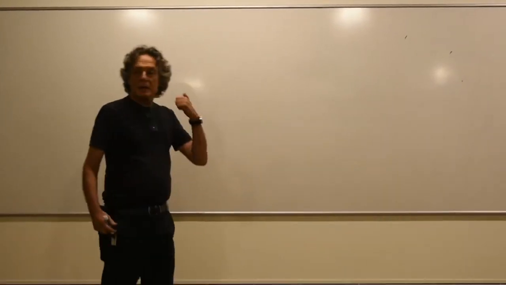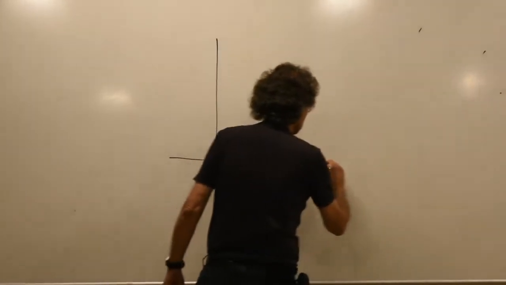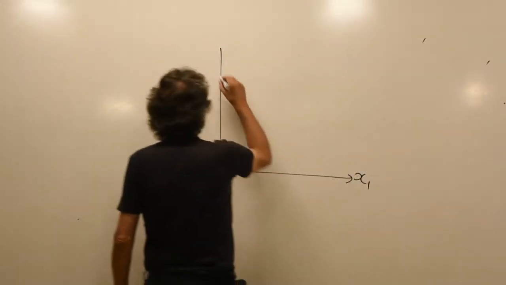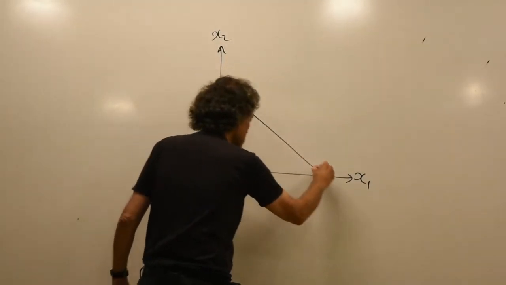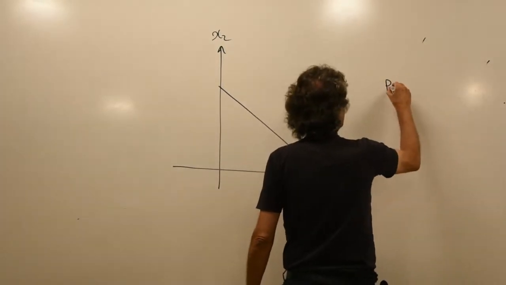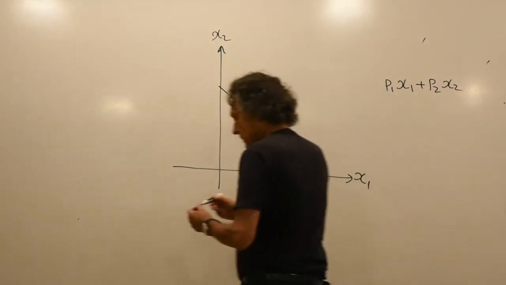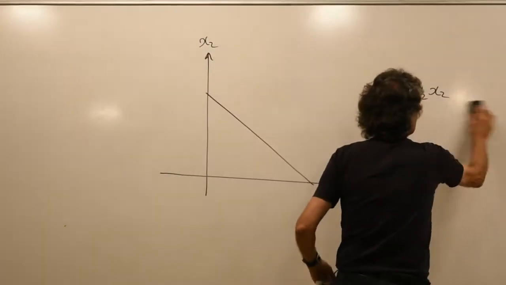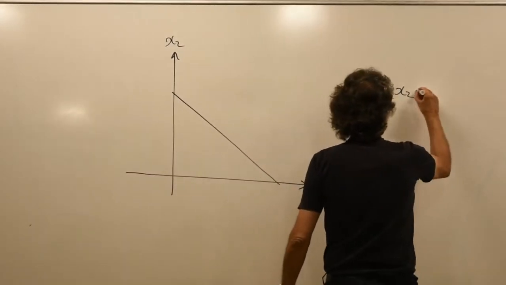So suppose that I have two goods, X1 and X2. And let's talk about the budget constraint. Suppose this is a budget constraint, and it is P1x1 plus P2x2 equals M. So, what does it mean?